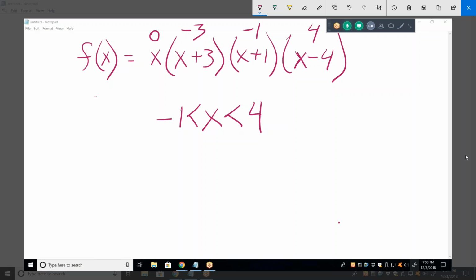Well, it changes signs. And so then it has the options of f is always positive on the interval, f is always negative on the interval, and f is sometimes positive and sometimes negative on the interval.